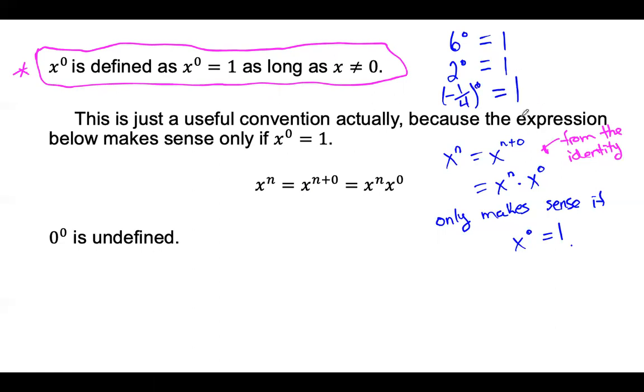Anything that's not 0 to the power 0 is equal to 1. So remember that. However, what about 0 to the power 0? Undefined. Why is this? This isn't actually very meaningful, so this is a little exception to the rule.